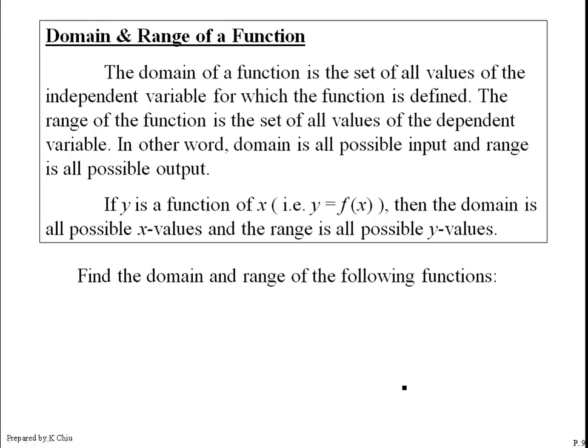In other words, the domain is simply all possible inputs, while the range is all possible outputs. Very often at the beginning, when we talk about functions, we use y is equal to f of x. So the domain is talking about all possible x values, and the range would be all possible y values.